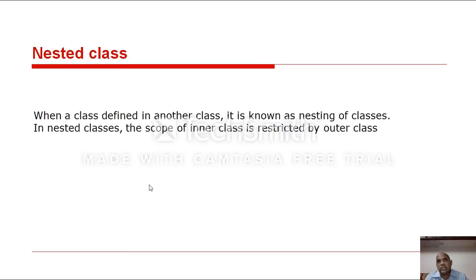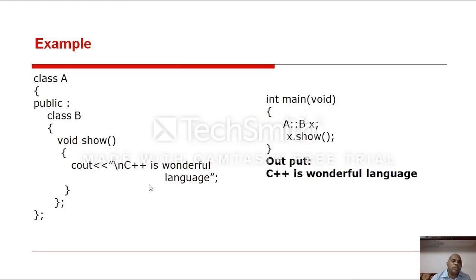Here, nested classes. What is a nested class? When a class is defined in another class, it is known as nesting of classes. In nested classes, the scope of the inner class is restricted by the outer class. So in this example, class A, class B, then class B close, class A close.